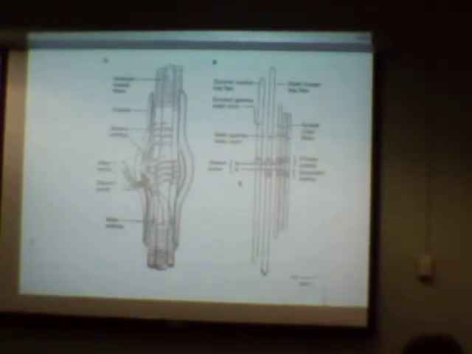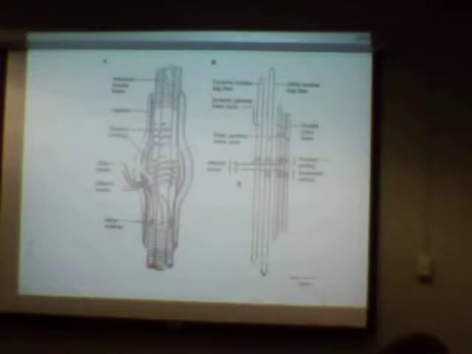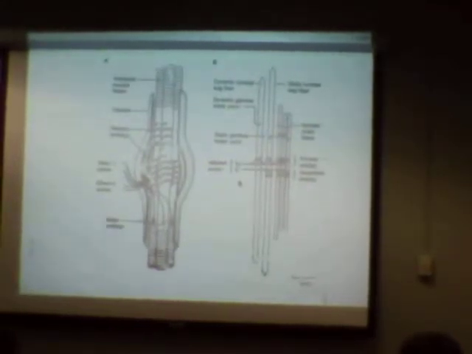And that is usually called the annulospiral ending, or primary endings. So the annulospiral or primary endings give rise to the 1A afferent, the 1A sensory neuron arising from these receptors. That gives rise to the 1A. Okay?